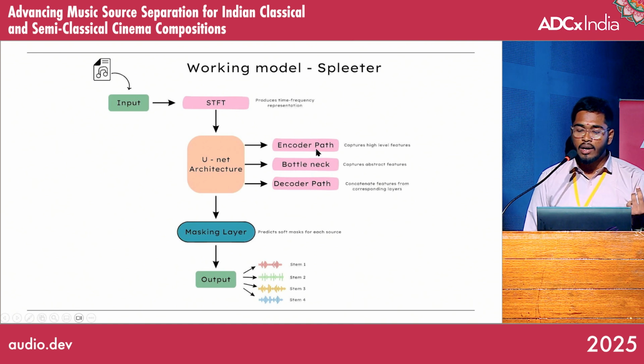In the encoder path, it captures the high-level features and undergoes dimensional reduction. In the bottleneck path, behind the scenes, the abstract features are passed from one layer to another, from the first layer to the final layer.